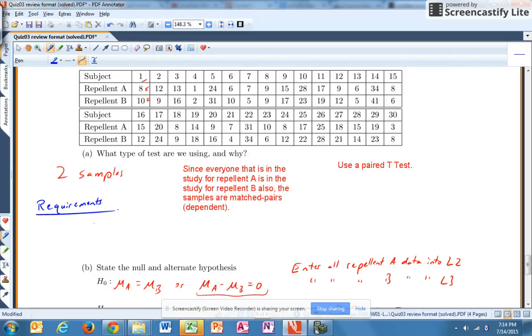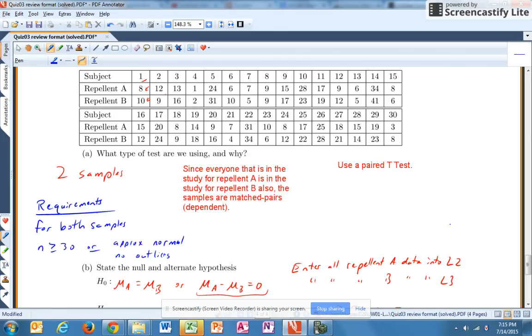In order to be able to do this test, what we need is that for both samples, we need that the samples are big enough. That means either bigger than 30 or approximately normal with no outliers. Okay, and we need the samples to be random, and we need the populations to be big enough. But these are the main things.